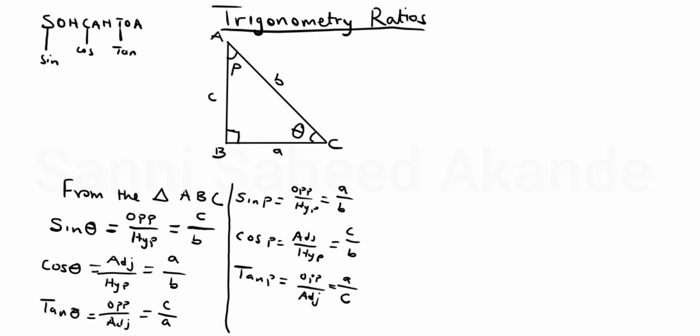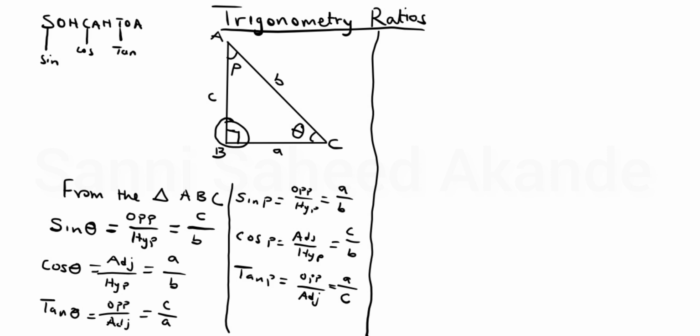Now, the next thing we are going to do is a bit of a comparison between sine theta, cos theta, tan theta, and sine P, cos P, and tan P. But before that, I would like you to come back to this diagram. This angle here we said is 90 degrees, and we already know that the sum of angles in a triangle is 180 degrees.